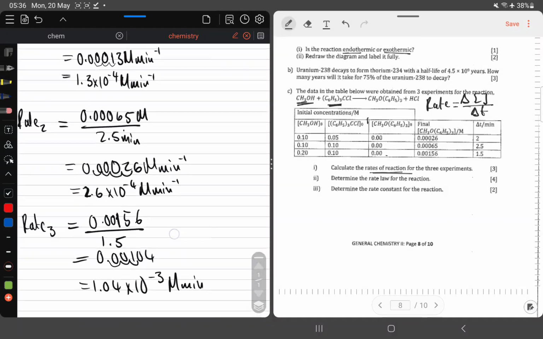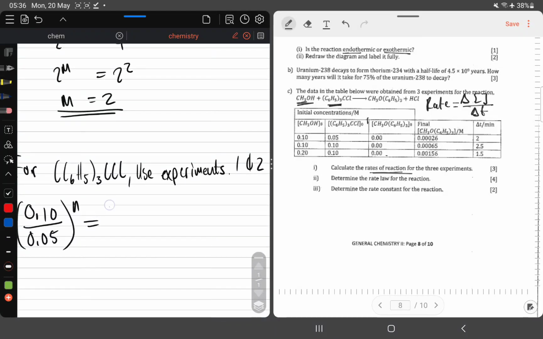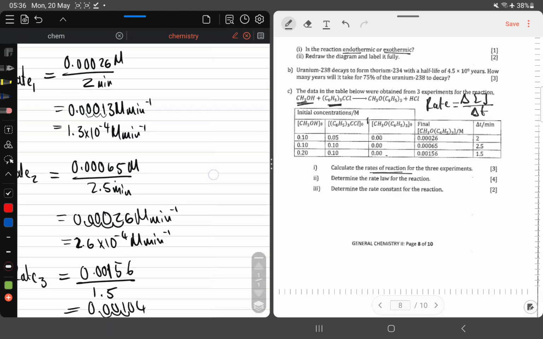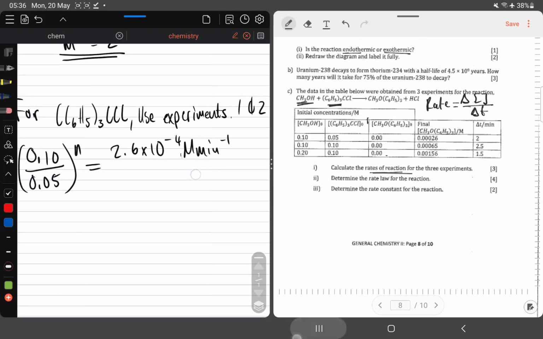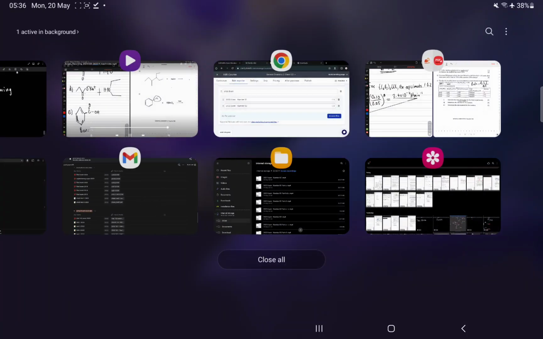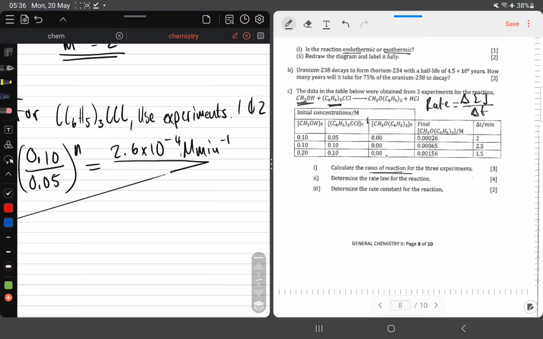So rate in 2, 2.6 times 10 to the negative 4 molar per minute, over 1.3 times 10 to the negative 4 molar per minute.